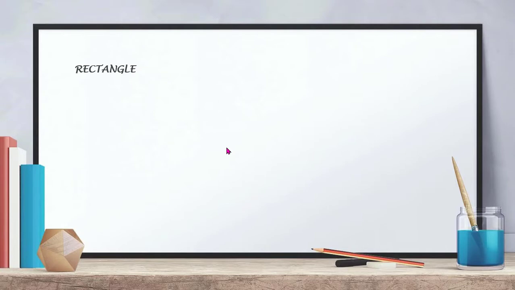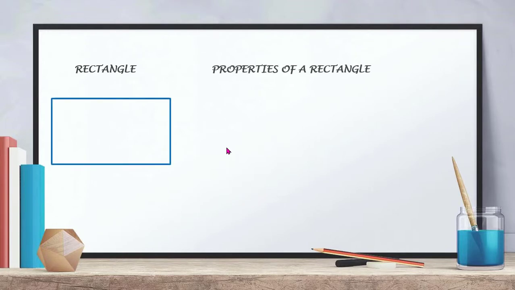Secondly, let us now consider a rectangle. Properties of a rectangle. The first property of a rectangle is that its sides are parallel and equal in length.